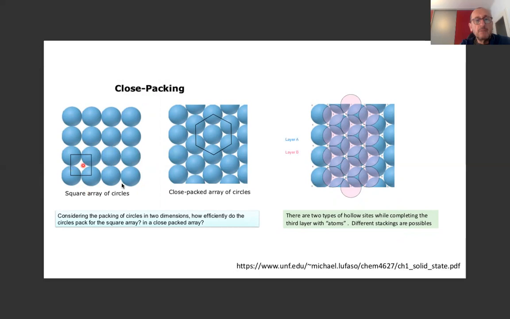This is a possible array of atoms. This will be a square array, and here we have a triangular array in a close-packed arrangement. You can see that the white area in this diagram here is smaller than in here. So the packing of the spheres is more efficient in this case than in this case. And that has to do with many things, with the electronic structure and the geometric structure of solids in general.